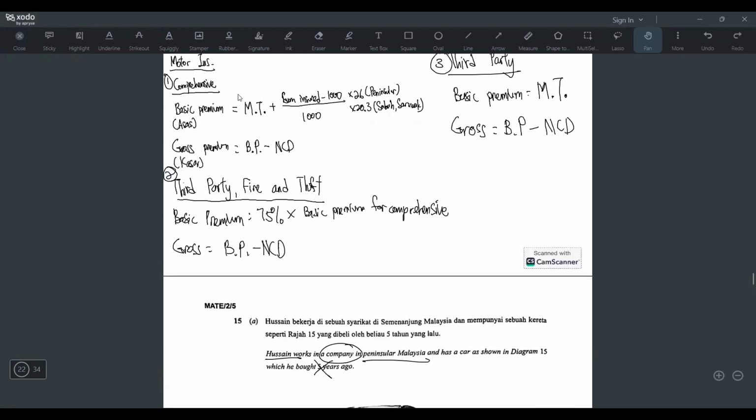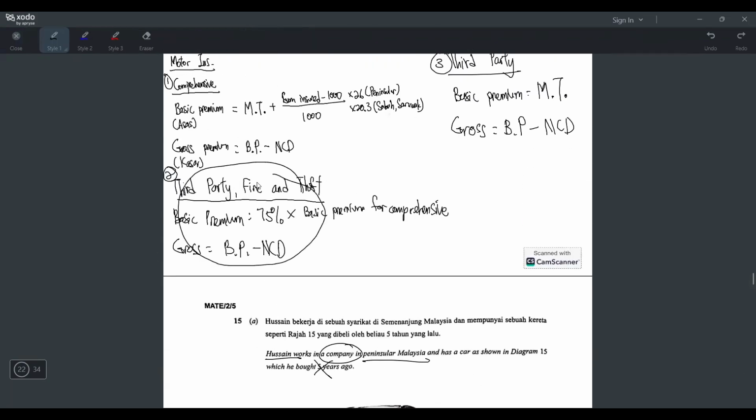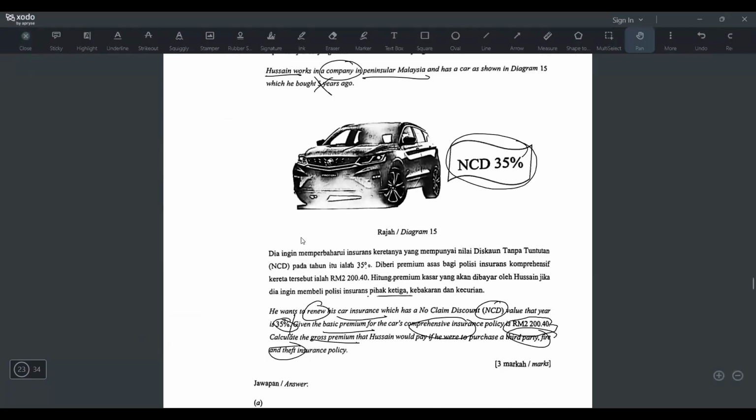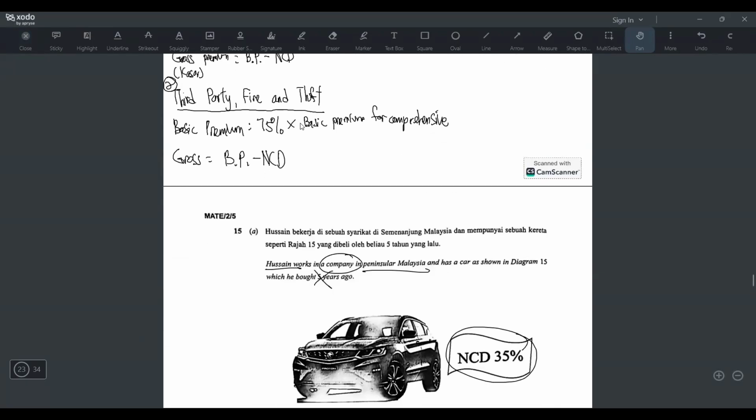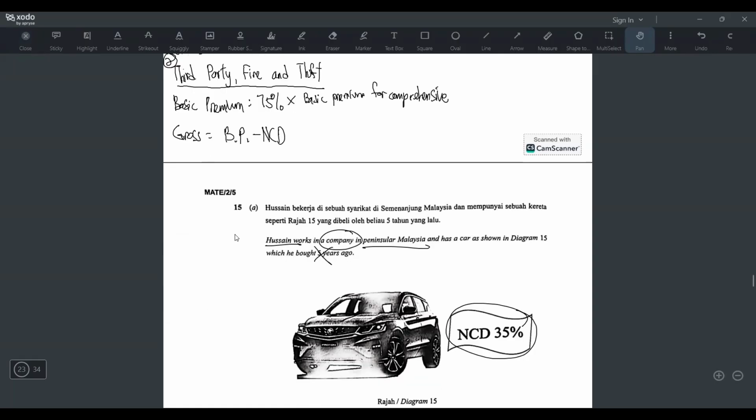That means I have to use this formula. So first is finding the basic premium. You can't find gross premium without getting the basic premium. And the basic premium for third party fire and theft is not 2200.4. It's 75% times 2200.4, because the formula is like this: 75% times the basic premium for comprehensive, right?